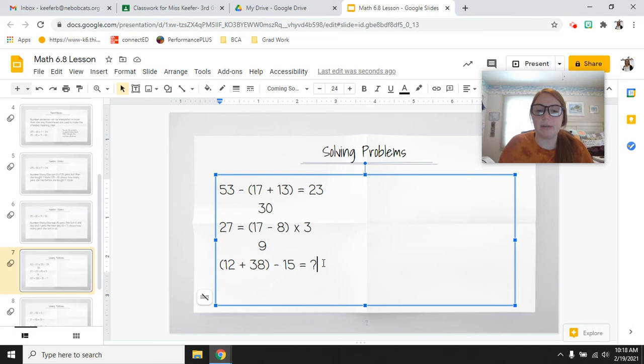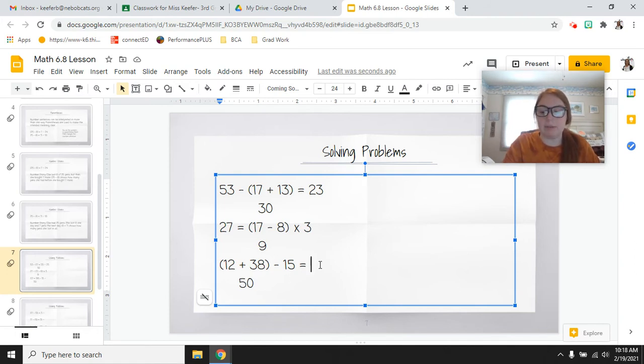So where would we start? We would start with solving what 12 plus 38 equals. So what does 12 plus 38 equal? That would equal 50. So that's kind of what replaces the parentheses. And then we would need to do 50 minus 15.